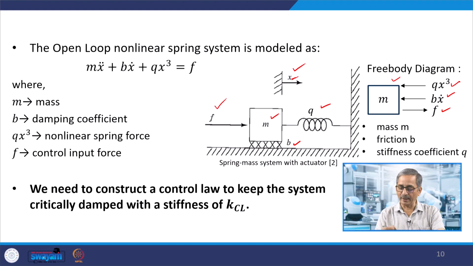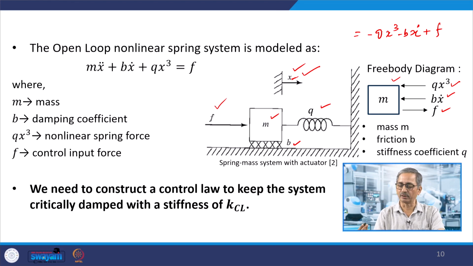If I write the expression for the unbalanced forces in this direction, it will be minus q x cube minus b x dot plus f, and these are responsible for your acceleration.